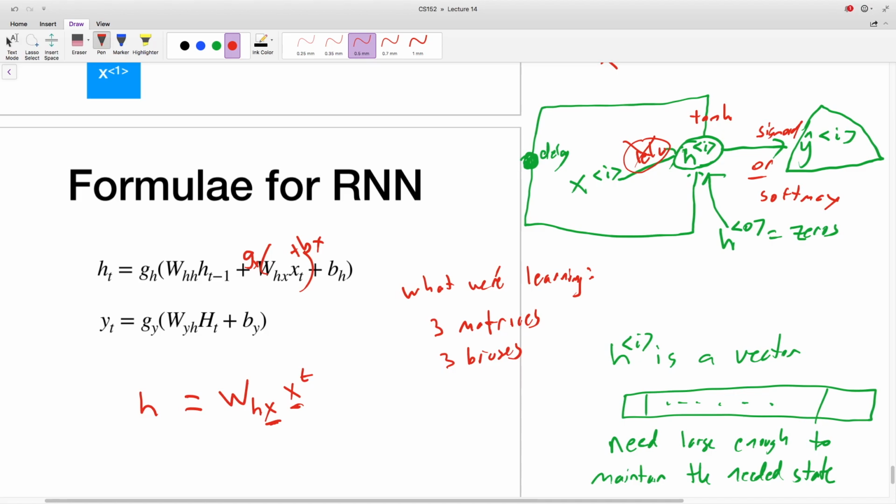One could have more layers in your hidden layer so that you could build up higher level features. So you'd have X coming in, and you'd have H, and you'd have K, let's call it.